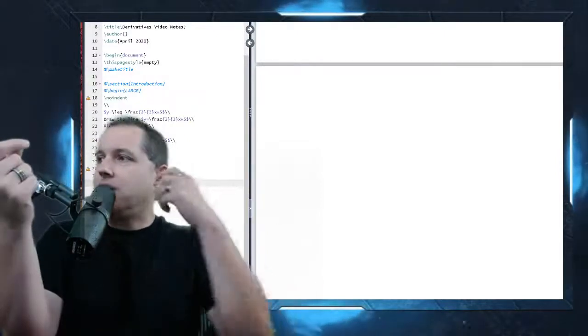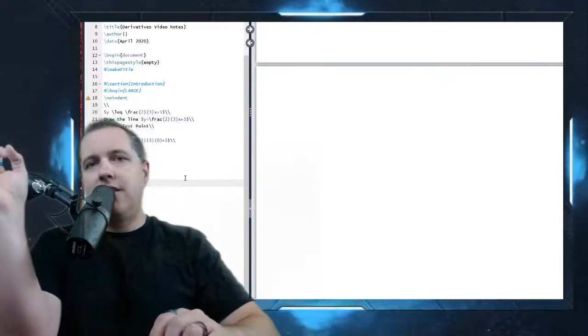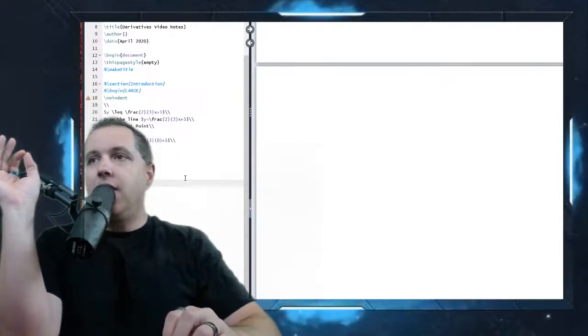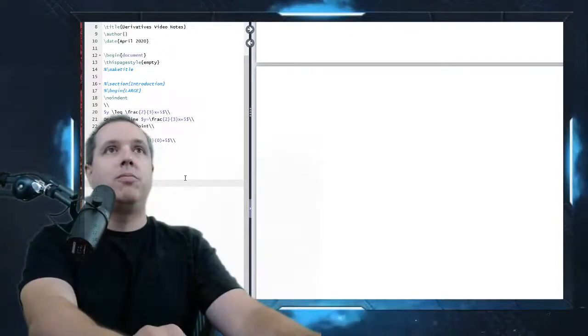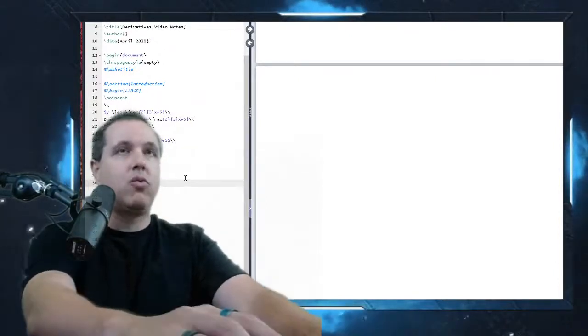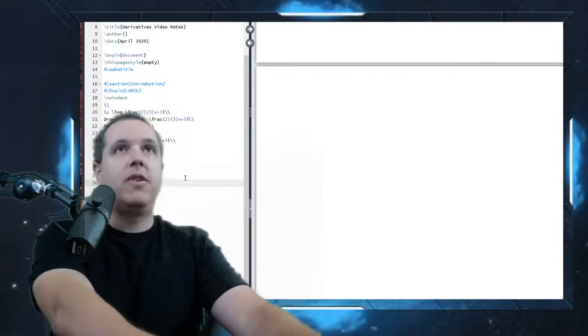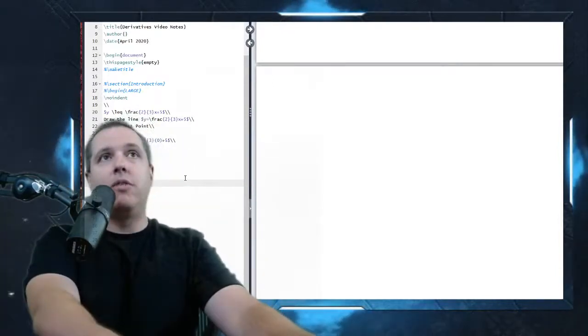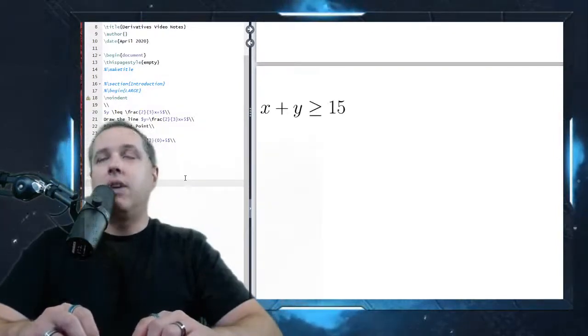Any restrictions they give you in the problem will give you an inequality. So let's see. There needs to be a total of 15 things purchased, right? So that would lead us to believe that X plus Y has to be greater than or equal to 15. He can get more than 15 things, but he has to get at least 15 things, right? So does that make sense?